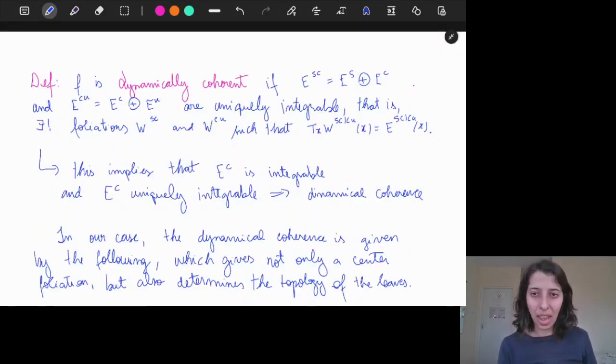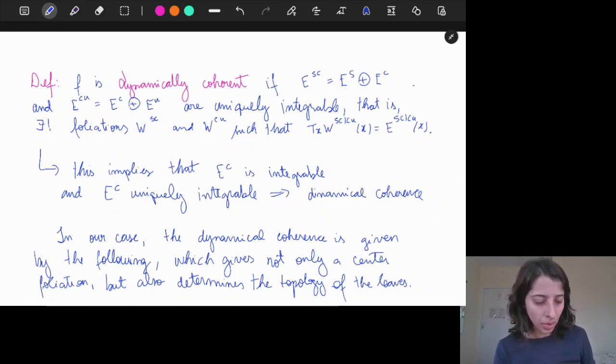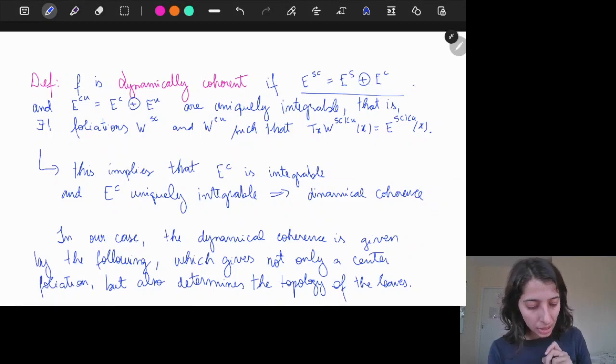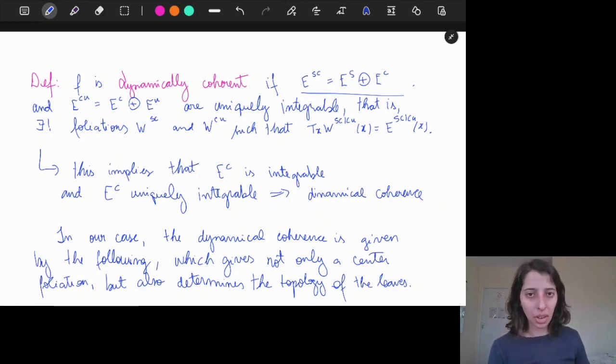So we say that F is dynamically coherent if the center stable direction, that is the sum of the stable and the center one, and the center unstable direction, that is the sum of the center and the unstable one, are uniquely integrable.